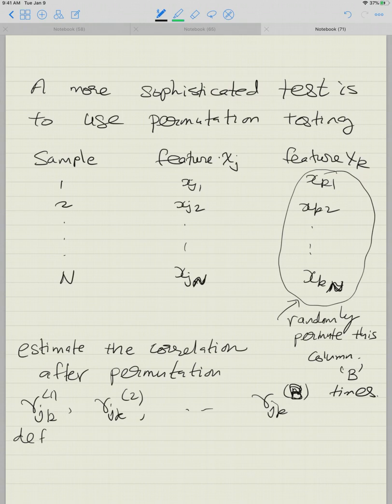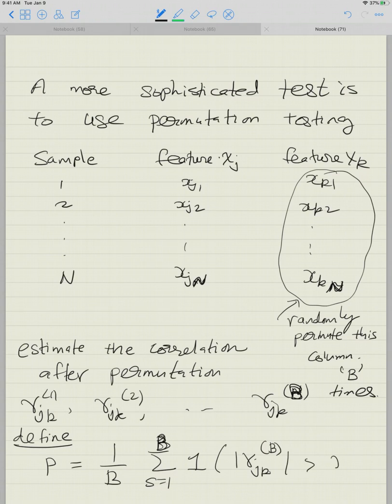And we define the quantity p to be 1 over B times the fraction of times our sample correlation in the random permutation has exceeded the original quantity that we estimated. And if p is sufficiently small, then we know that rjk is large and we can reject the hypothesis H0.